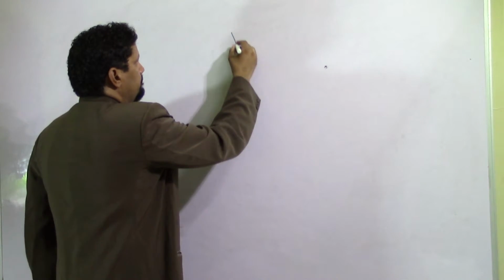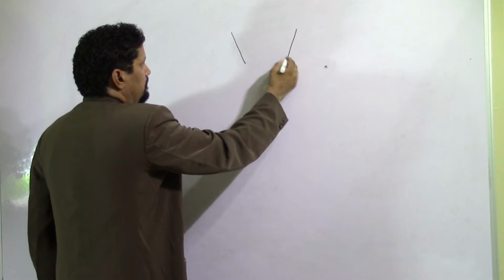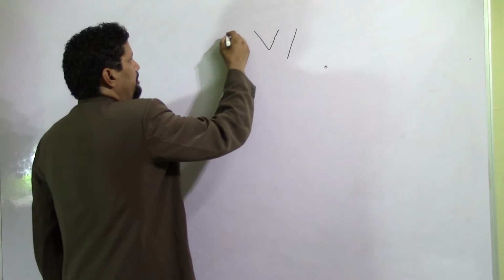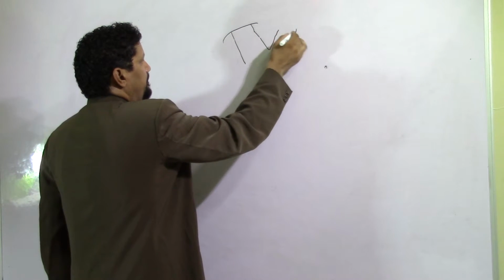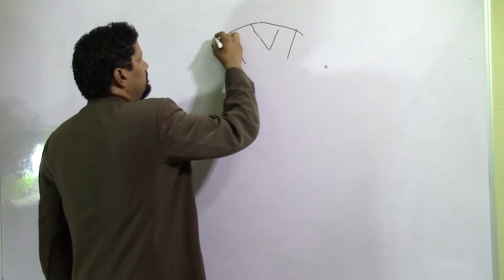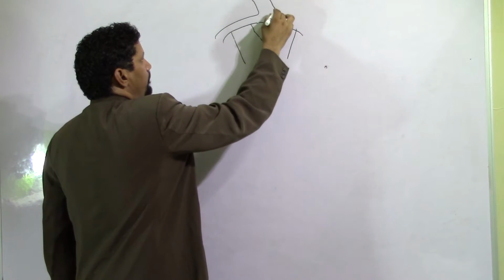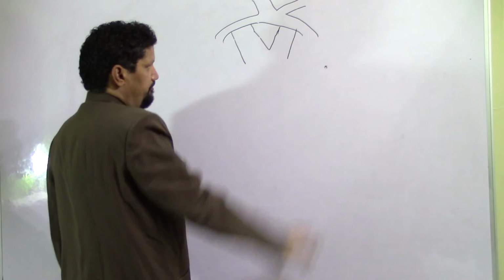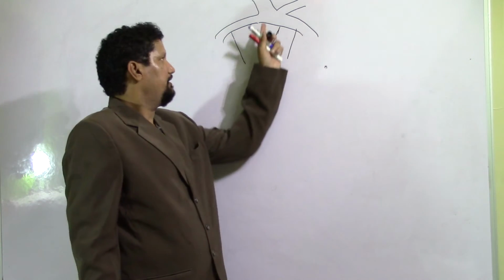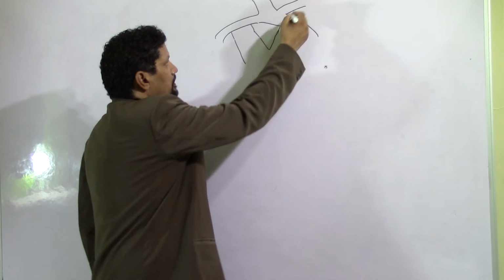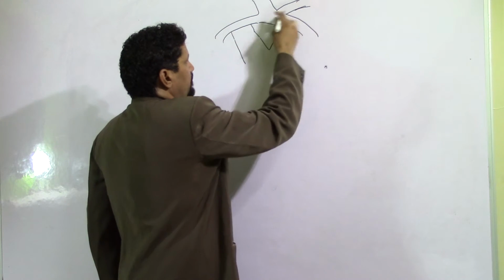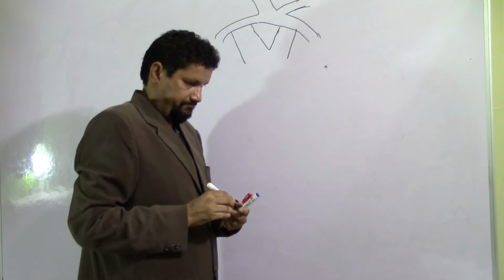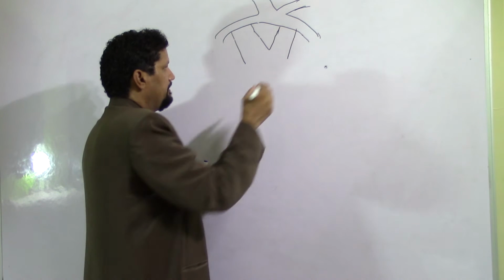Here are the cerebral peduncles of the midbrain. Here we can see the optic tract and optic chiasma. This is the anterior view of the brainstem. This is the crossing of the optic nerve fibers in the optic chiasma, and now the optic tract, and these are the cerebral peduncles.